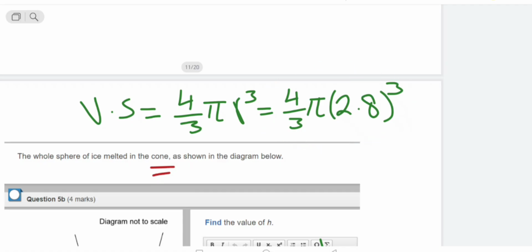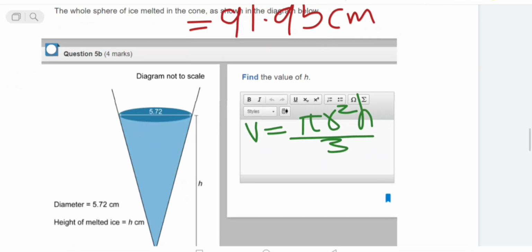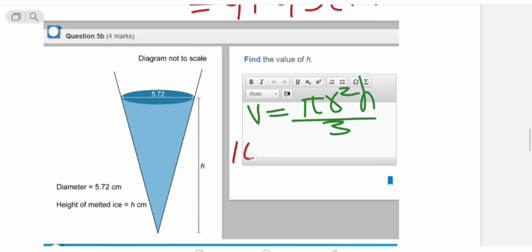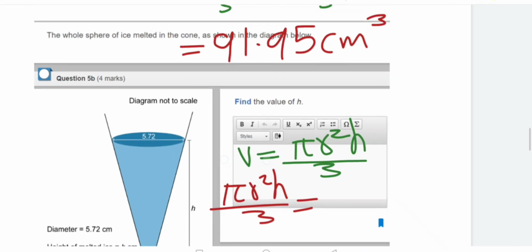After substituting, the answer is 91.95 centimeter cube. As I told you, this volume and this volume are the same. So the volume pi r square h over 3 is equal to 91.95.